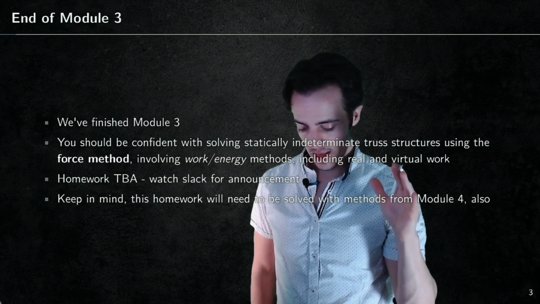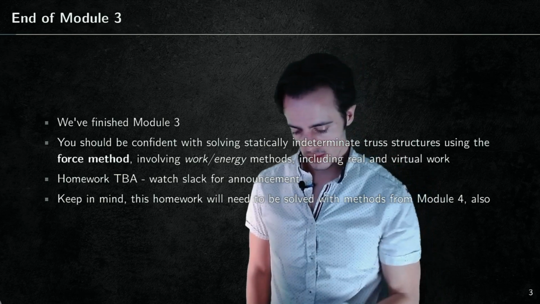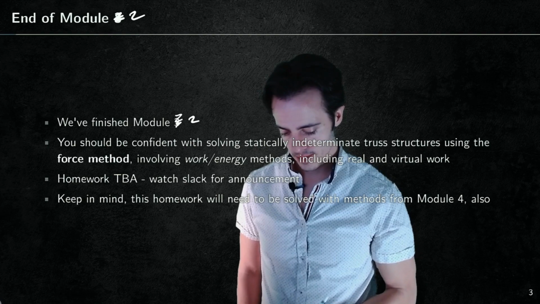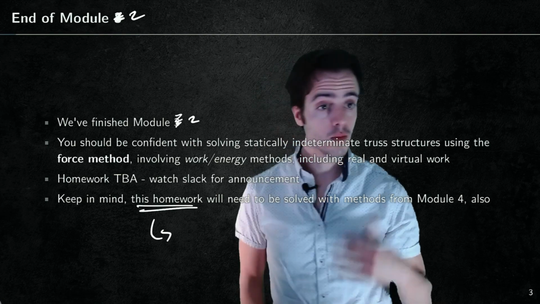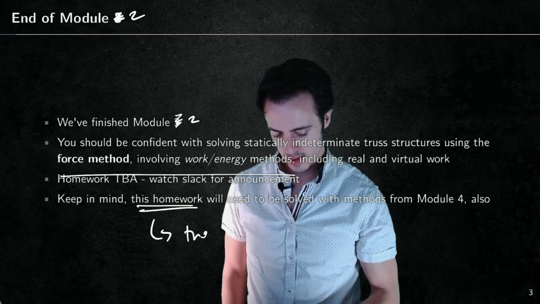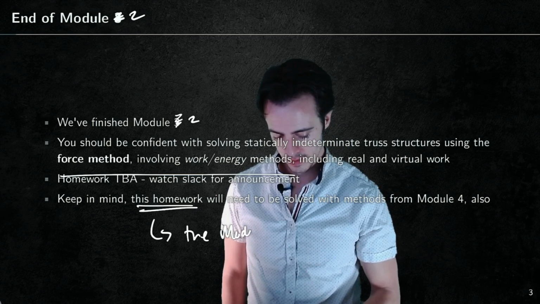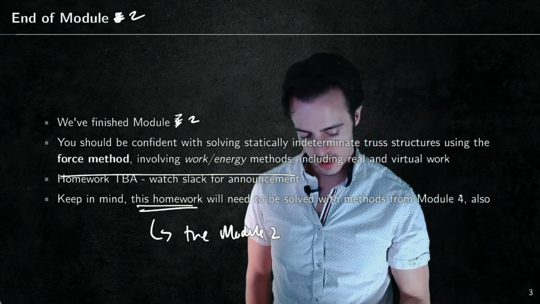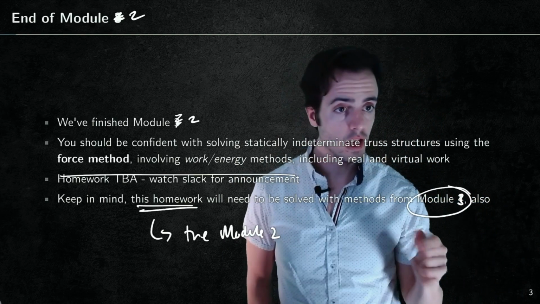Bear in mind that the homework for that module, again, let's just be clear, the homework you've just received, so not TBA, I'm going to be asking you to solve it using the methods that we're going to be teaching.